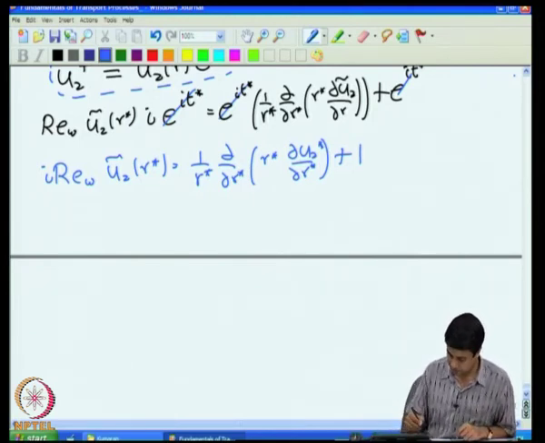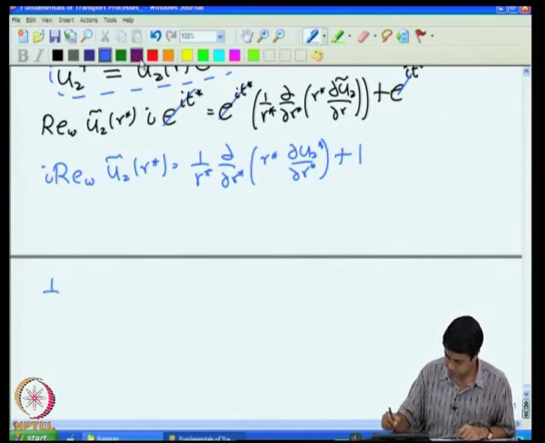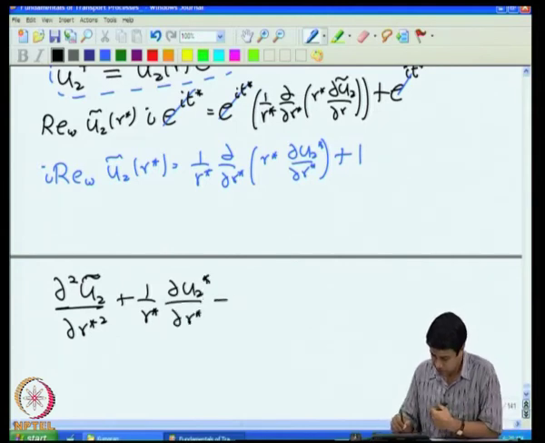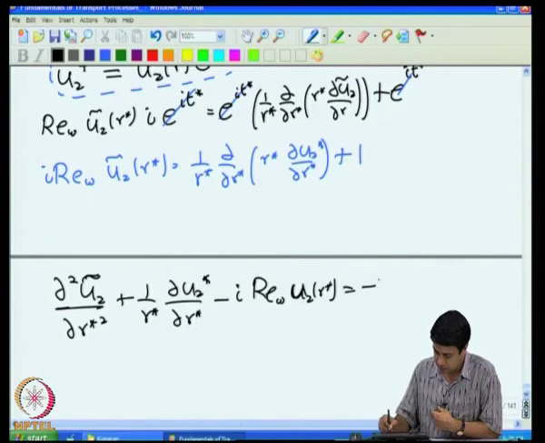I will get d square u z by dr star square plus 1 over r du z by dr, minus I r e omega u z is equal to minus 1.